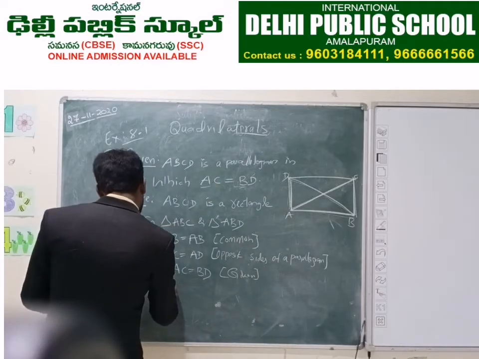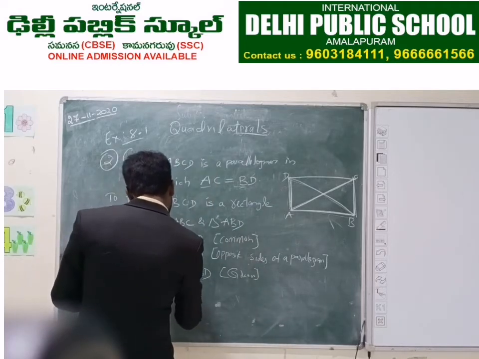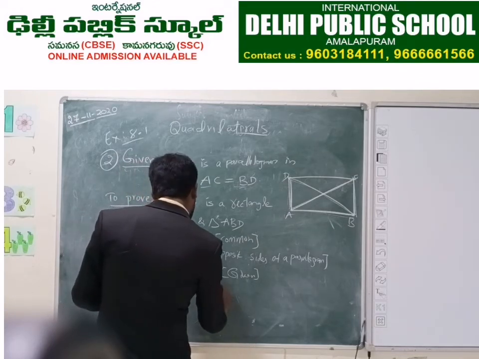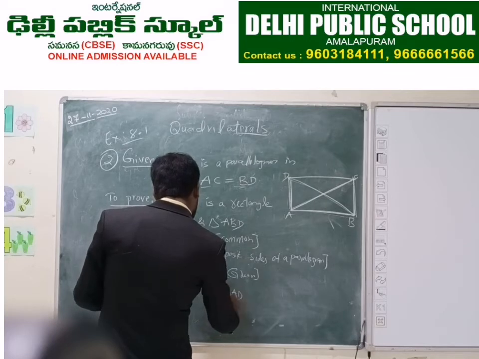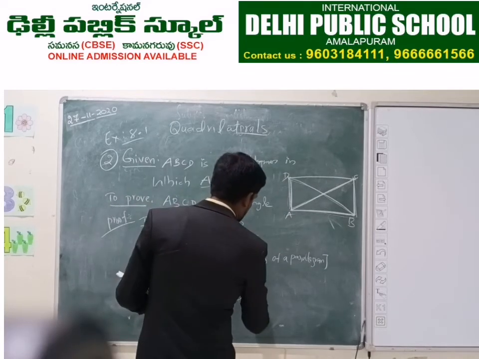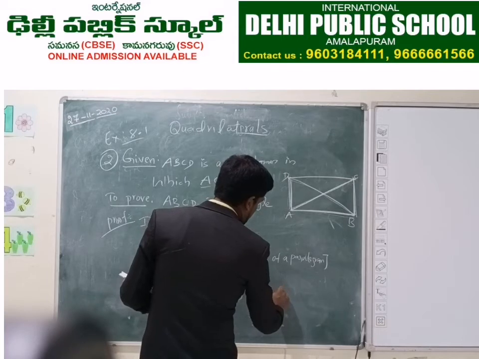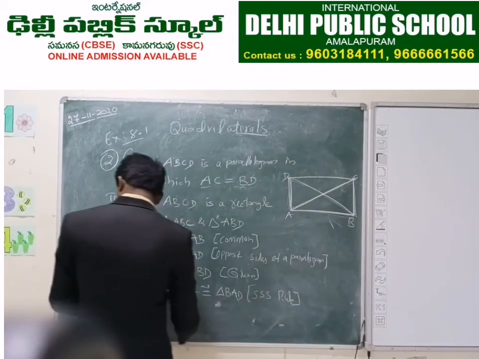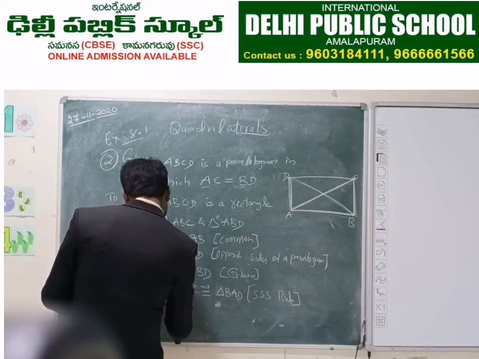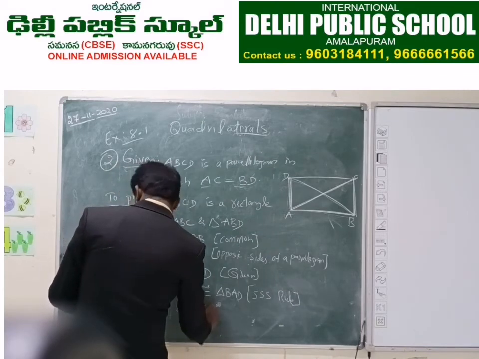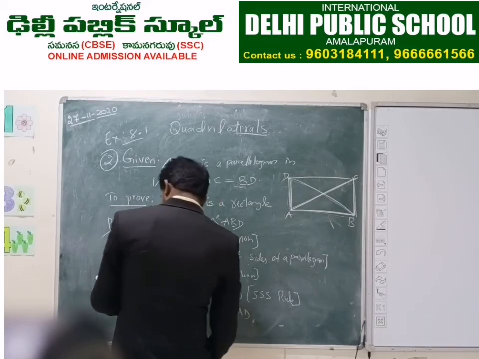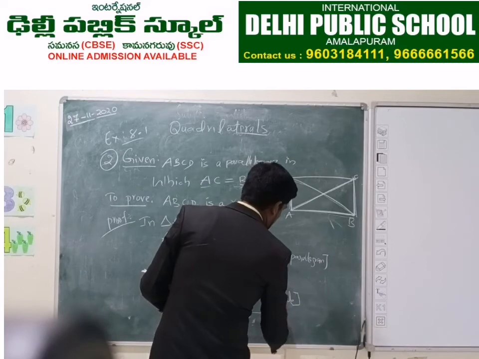So therefore triangle ABC is congruent to triangle BAD by using the SSS congruence rule. So therefore angle ABC is equal to angle BAD. This is equation 1, by CPCT.